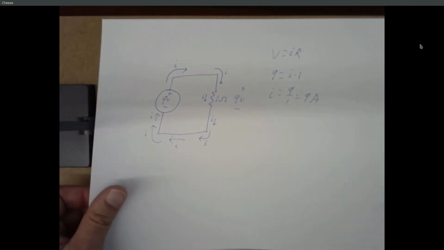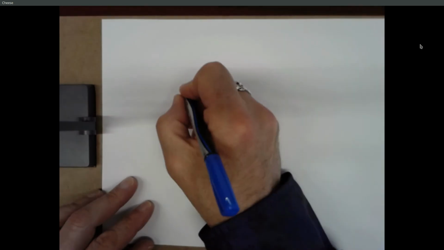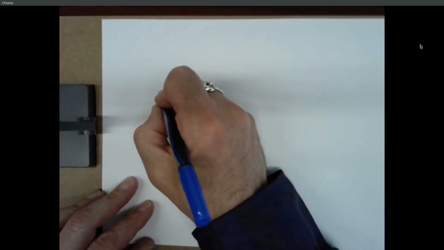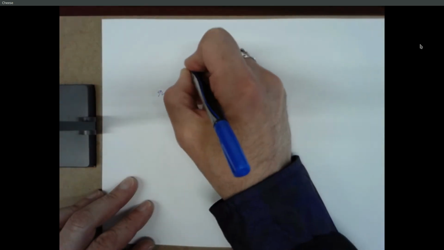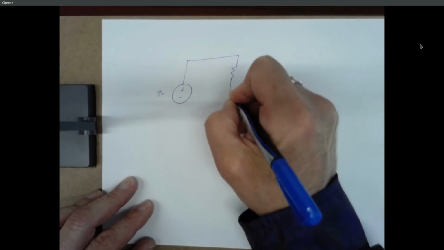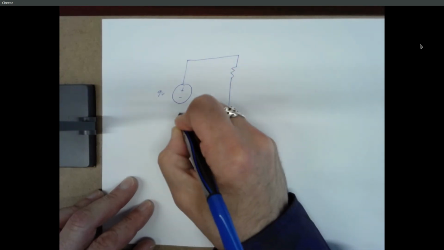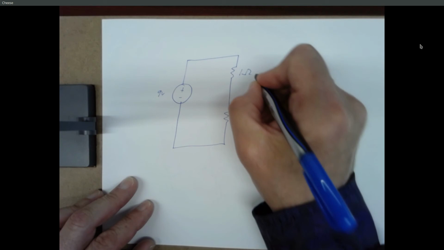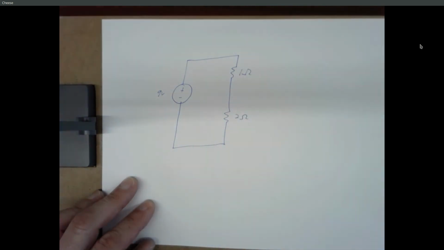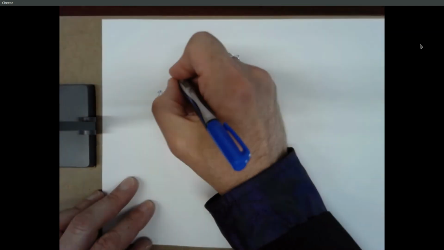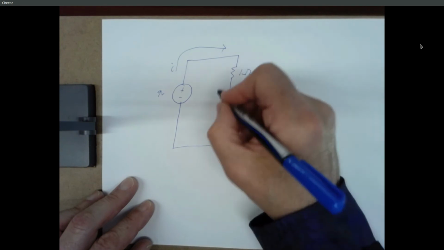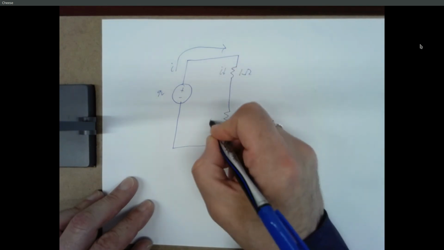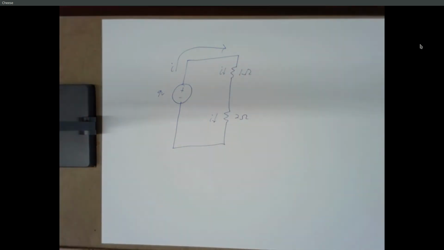All right, so slightly more complex. A pair of resistors, 1 ohm and 2 ohm. So again, I is flowing through here, and I is going to be constant.